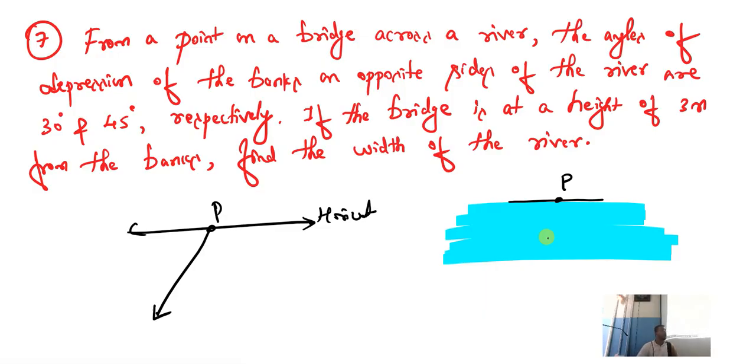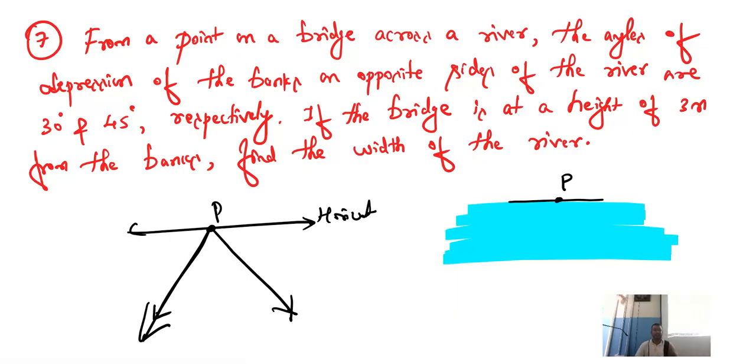So angle of depression is happening on both the opposite sides. One angle of depression is happening here and one more in the opposite side. From the point P, opposite side means both the sides.